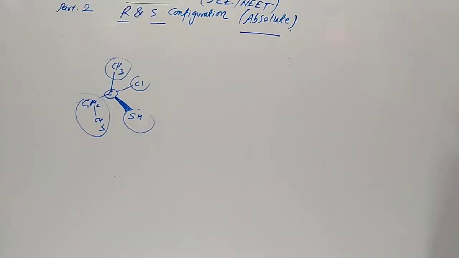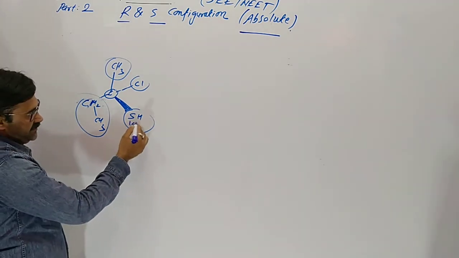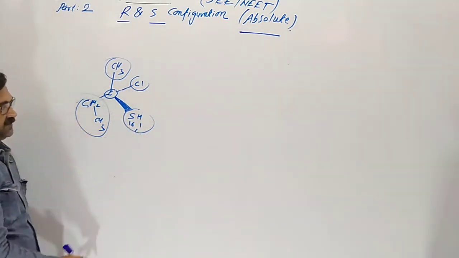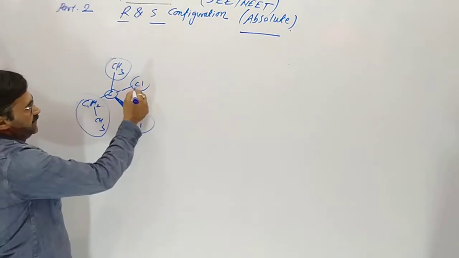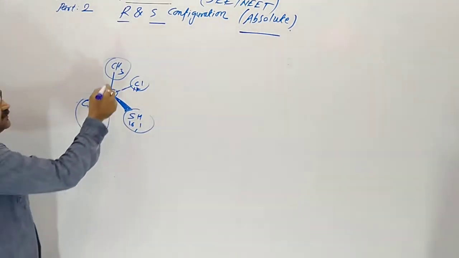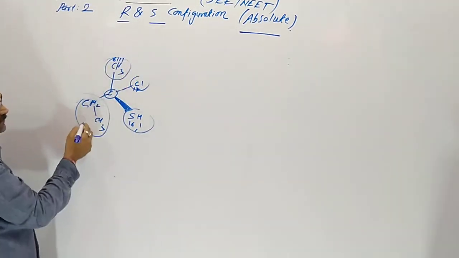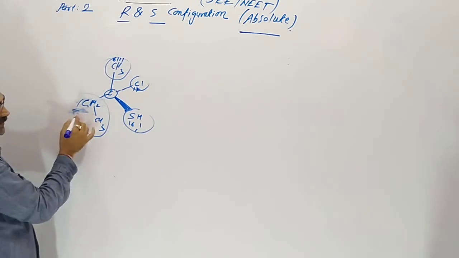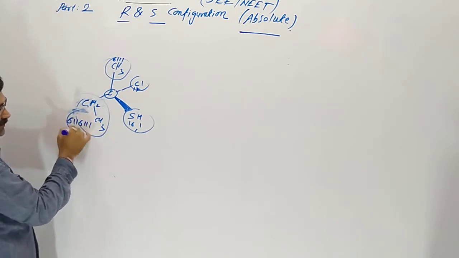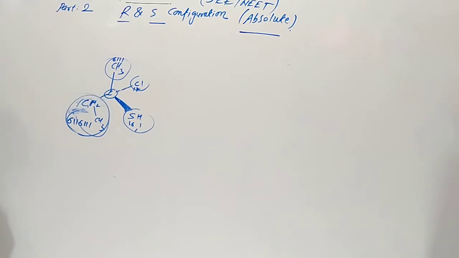First, we have to give the code 16 and 1. Atomic number of sulfur 16 and 1. Atomic number of chlorine 17. Here 6-1-1, 6-1-1 and 6-1-1-1. So which order should be first? 17. 1, 2, 3 and 4.